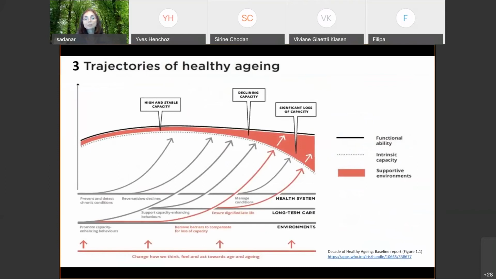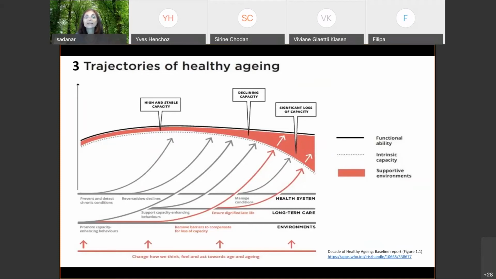But bringing this together, what we're trying to understand is what this means not just in terms of a snapshot, because that's what we could give in the baseline report, but if we look at trajectories and the more dynamic nature. So we've taken an approach that we should really track trajectories.